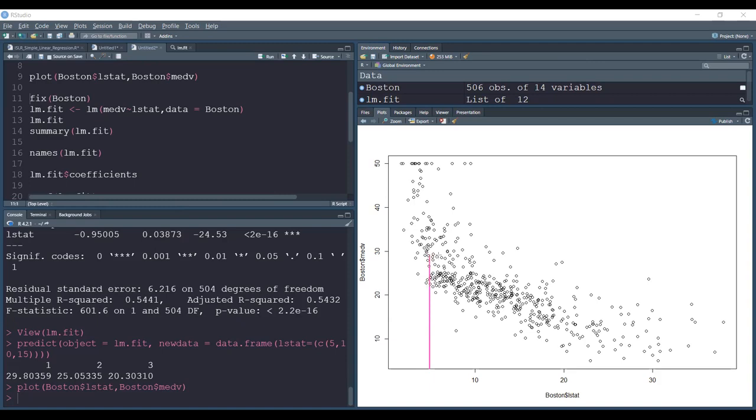Then the model is predicting 29.05, so something like this, right? Although what we would really like is that we also have some kind of confidence interval.